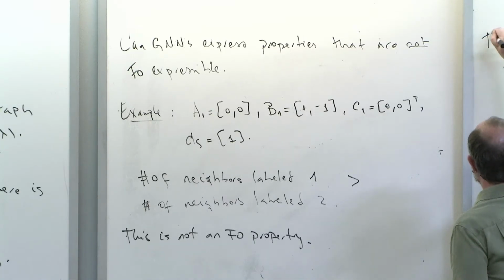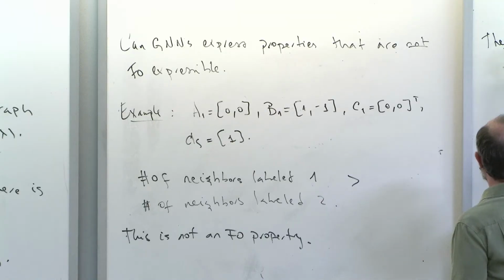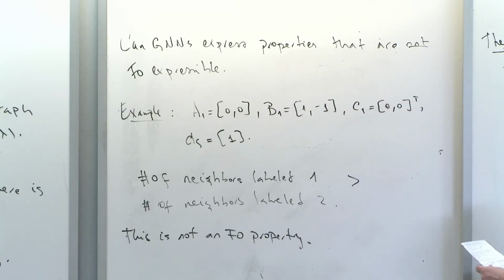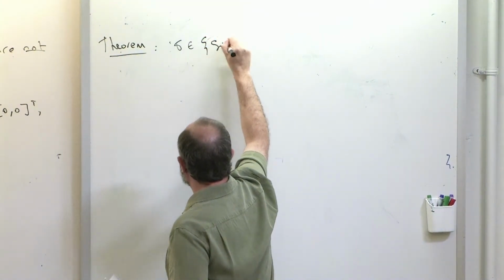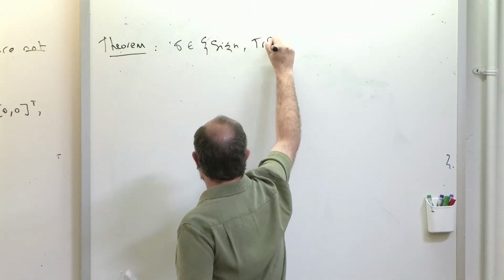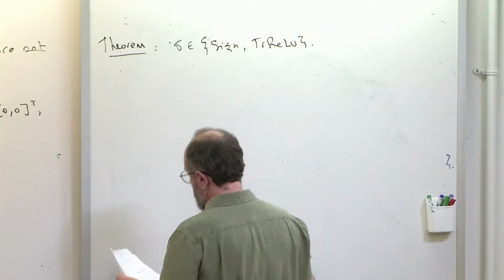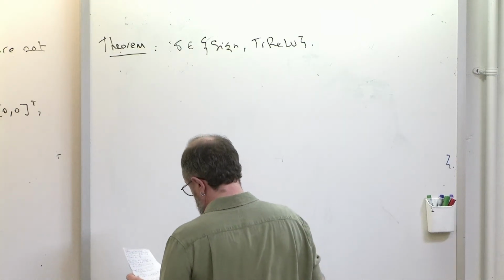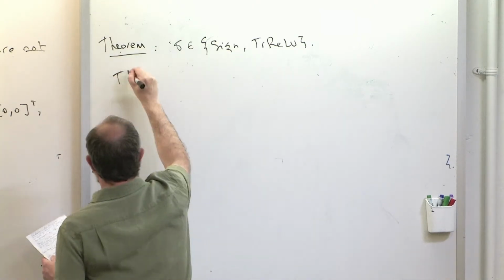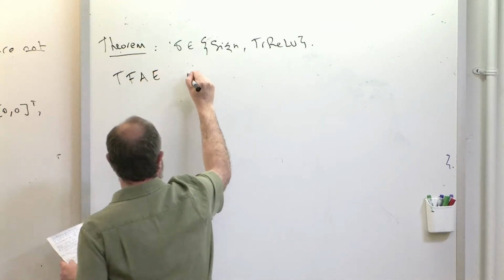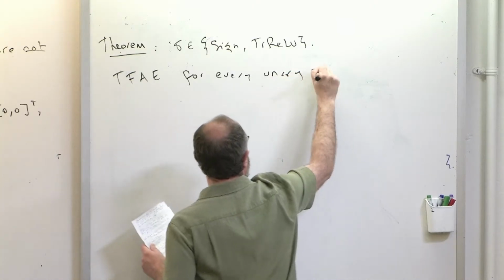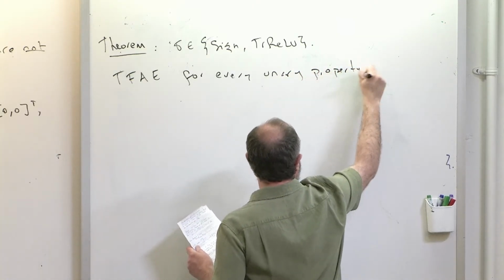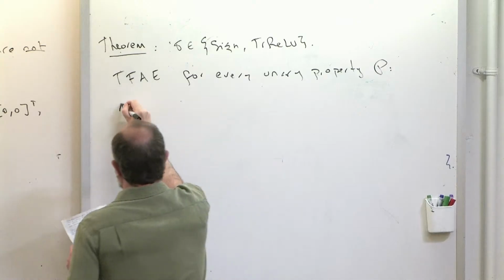So the theorem here by Michael and colleagues says the following. If sigma is sine or truncated ReLU or many others, but let's focus on these two, the following are equivalent for every unary property P. 1.